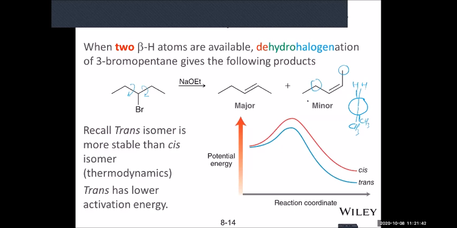So the transition state also has high energy, and that makes the reaction slower for the cis. Also the final product is higher energy and less stable. So the trans is both thermodynamically and kinetically favored.